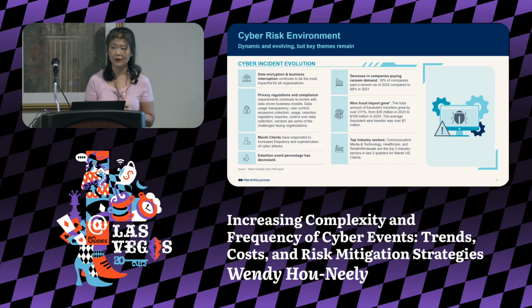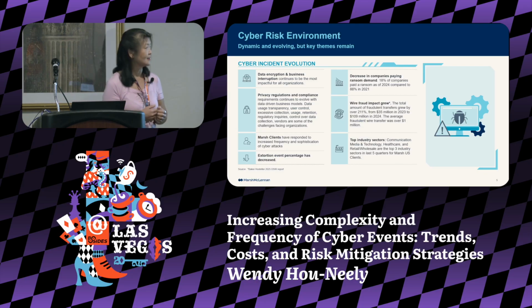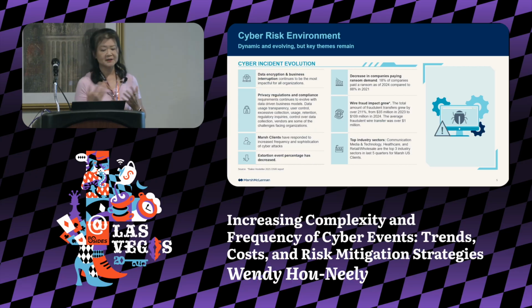Also there is a decrease in companies paying ransom demands. Last year it was 23 some percent, and this year it went down to 18%. That also says a lot of our customers are getting better at managing their controls and environment, doing backups and exercises so that they don't have to pay the ransom. That's a nice thing to see.